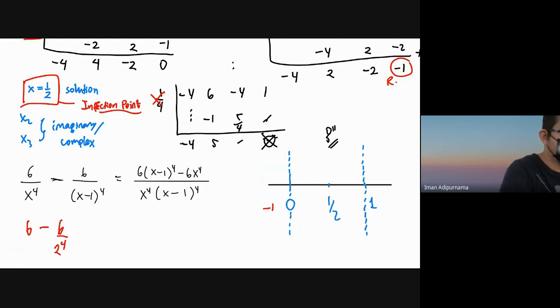It should be positive, right? Should be positive. And check another one. Maybe 1 over 4. So it will be 6 times 1 over 4 squared minus 6. And then half mean 1 minus 1.